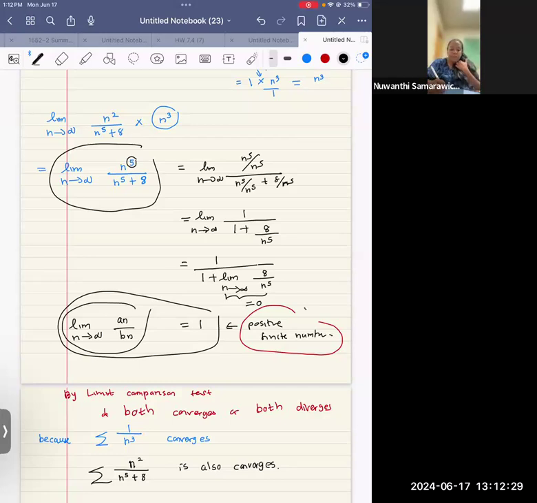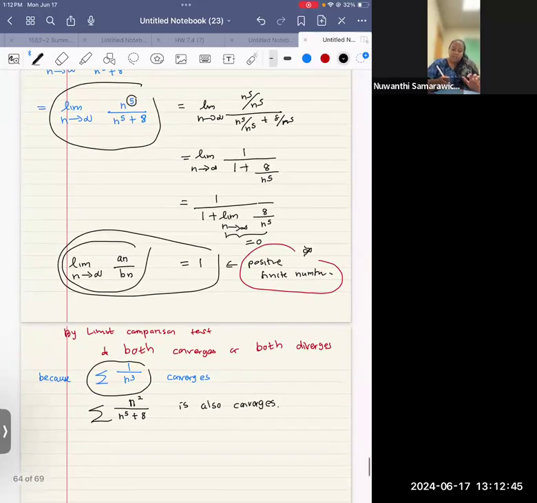If we get a positive finite number, what can we say from the limit comparison test? Both series are convergent. Because we showed this series is convergent, we can straight away say that our series is also convergent by the limit comparison test. That's the idea.